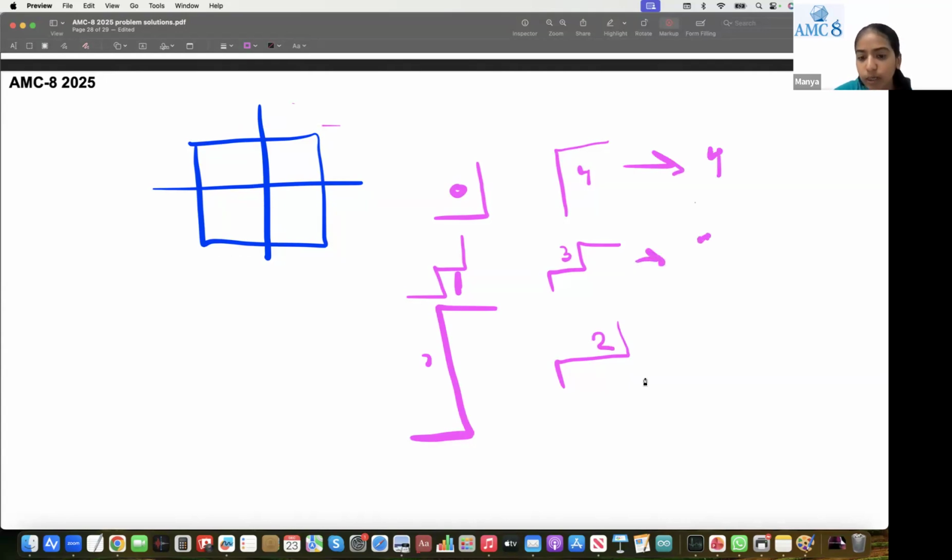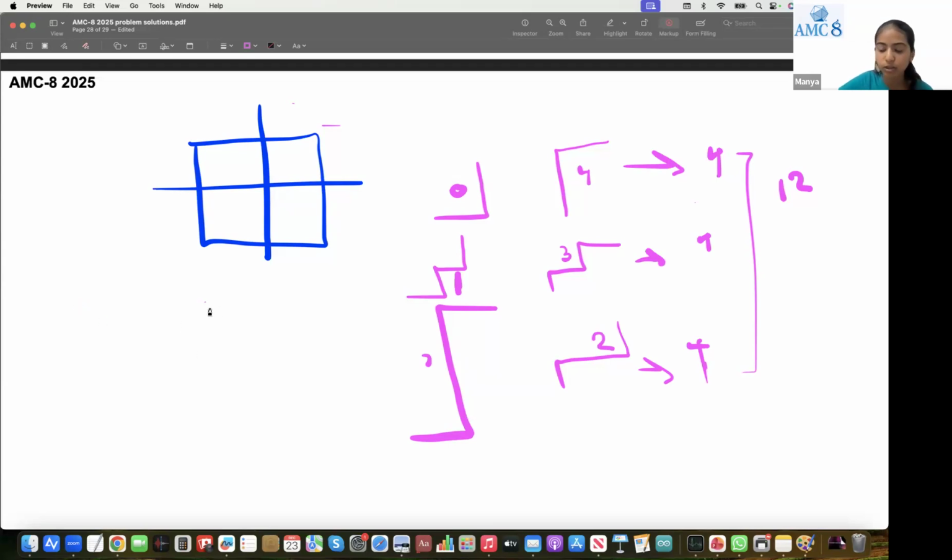This would also equal 4, and this one would also equal 4. So the sum of the paths over here will be giving us 12. So if the sum of the paths will be giving us 12, then another way to do this is that, since, let me list all of these down.